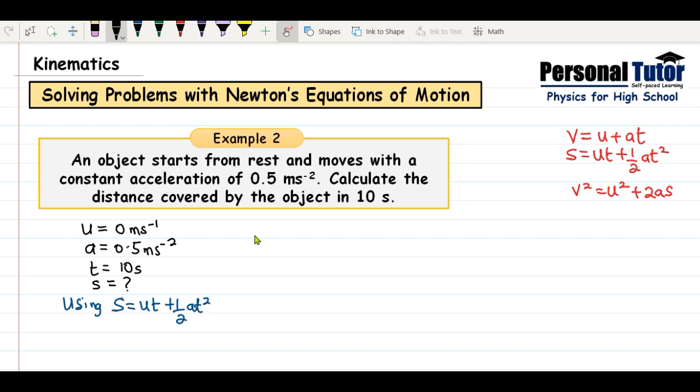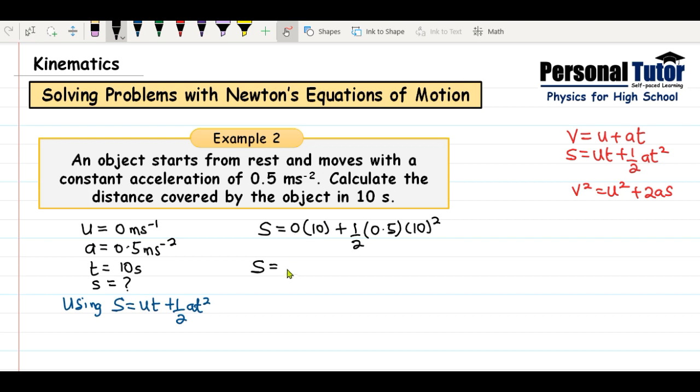Let's substitute. So s equals ut. u is 0, whereas t is 10, plus half of a, and the a is 0.5. Then t squared, that is 10 exponent 2.